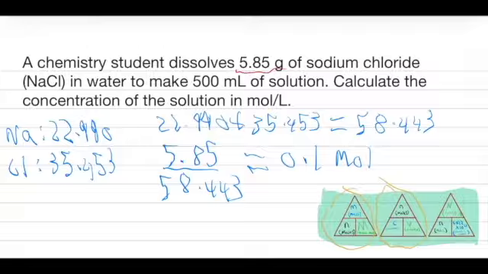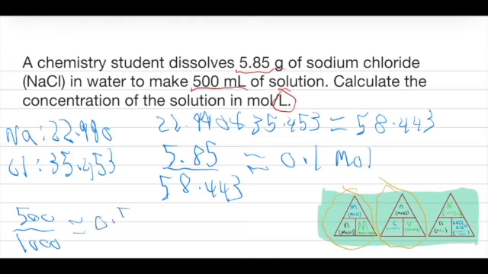Wrong. The question here is asking you to find it in mole per liter. And they have given us milliliters. It's very important to look at the units. To convert 500 ml to liters, it's simply divide by 1,000. 500 divided by 1,000 equals 0.5.